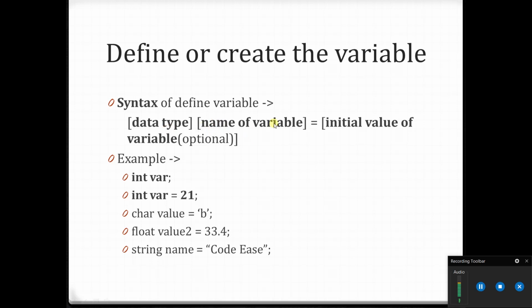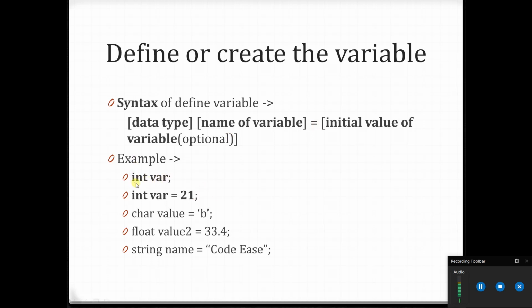Second is the name of the variable. So first give the data type, then space, then the name of the variable, and then the initial value of the variable, which is optional. So these two things are compulsory: first the data type and then the name of the variable, and you can also give the initial value of the variable. For example, int var.